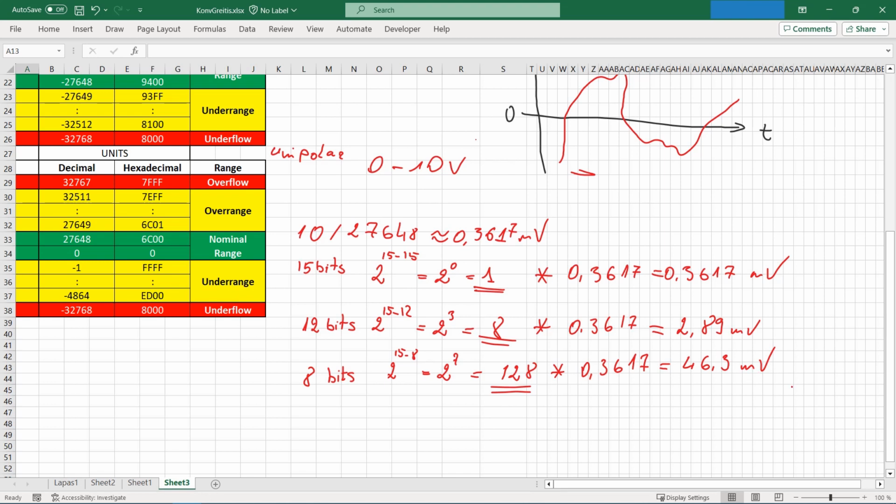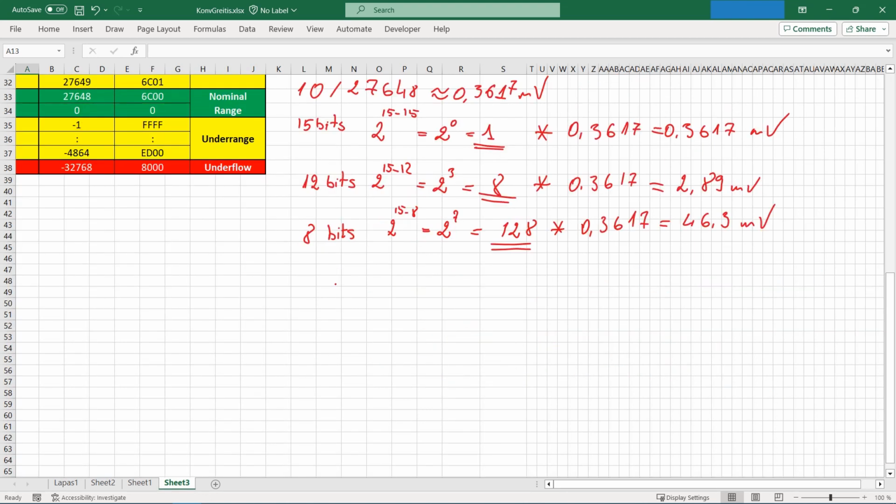So, you can see the difference in millivolts, comparing different resolutions.